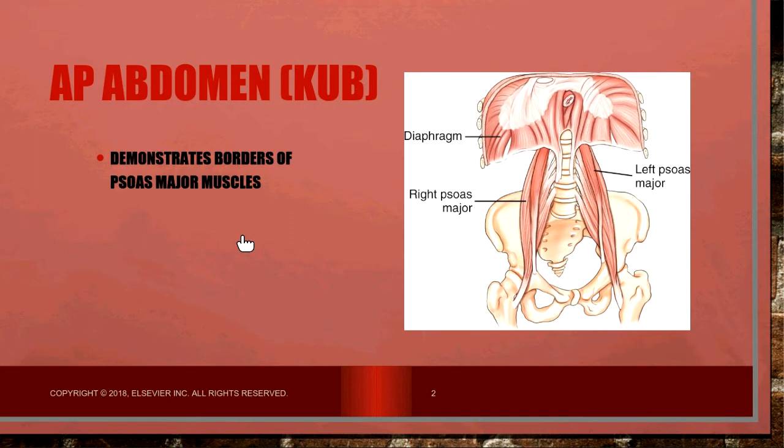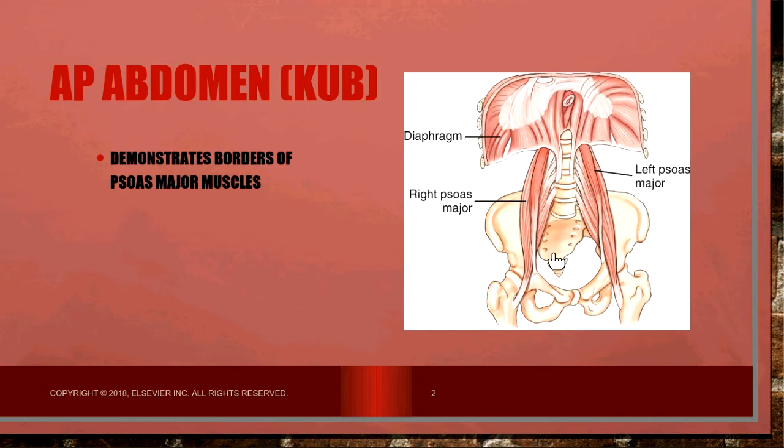On a well-visualized abdomen of a sthenic patient, typically you will be able to demonstrate what are called the psoas major muscles. Psoas is spelled P-S-O-A-S, but notice that the P is silent. The three major muscles associated with the abdomen are the diaphragm, which is an umbrella-shaped or dome-shaped muscle that separates the thoracic from the abdominopelvic cavity, and the right and left psoas major muscles, which are located on either side of the lumbar spine.